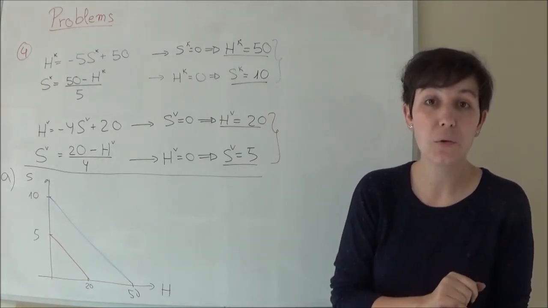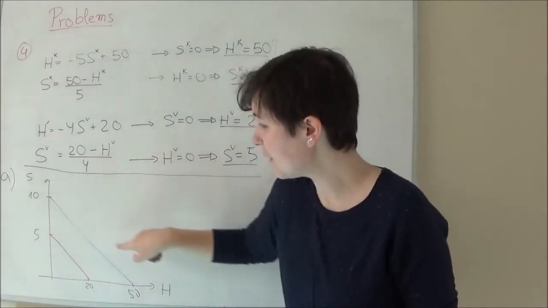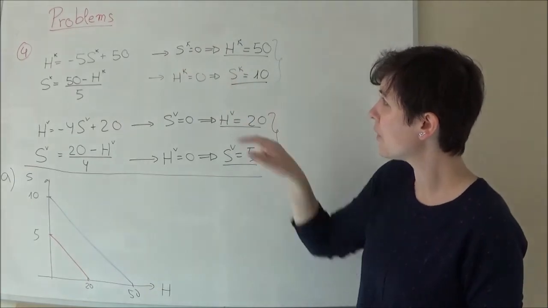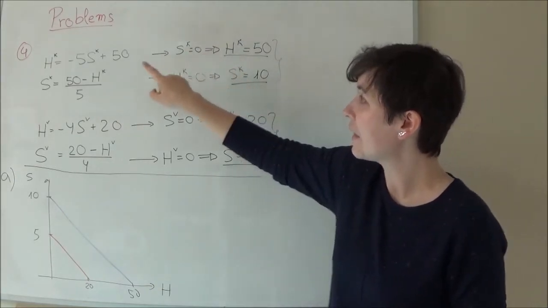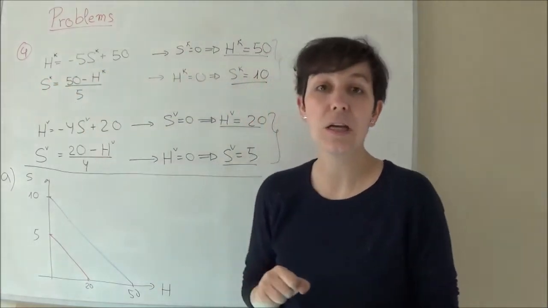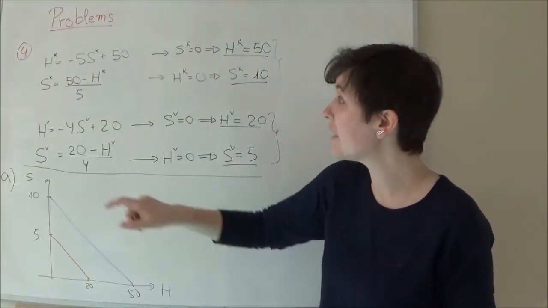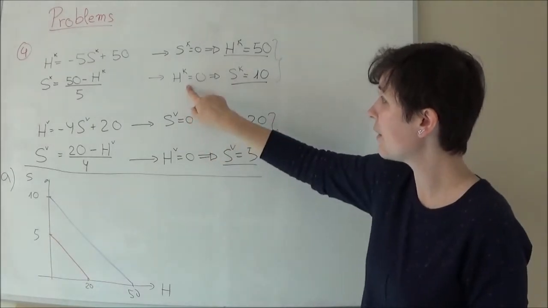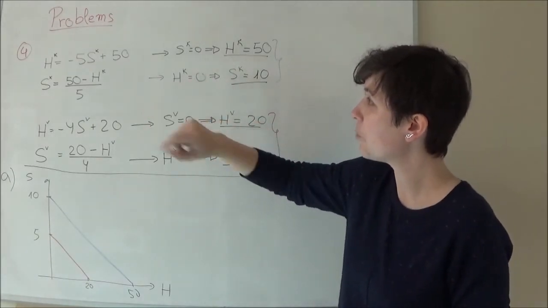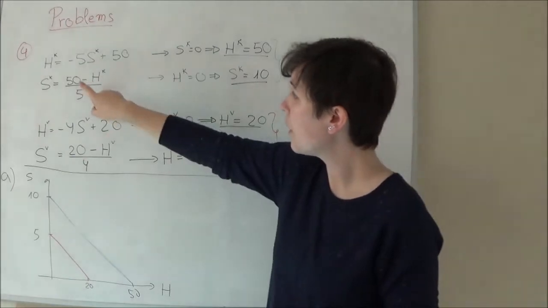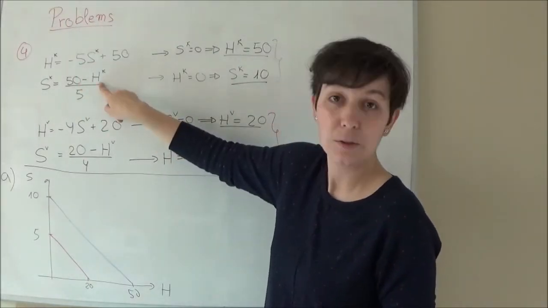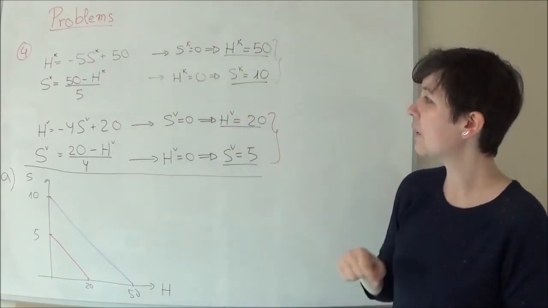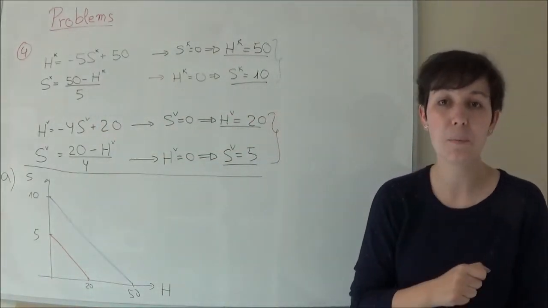Which 2 points am I going to use? Always the same cases. When the number of swords being produced is 0, it's really easy to get the total amount of helmets that I can get, that is 50. And the other extreme case is when the number of helmets produced in that economy is 0. Then I'm going to use that expression instead of the other, and I'm going to get the maximum amount of swords, which is 10.